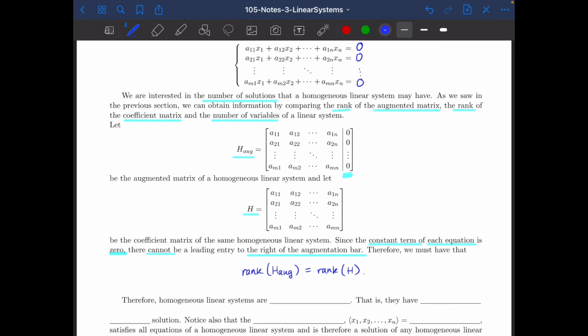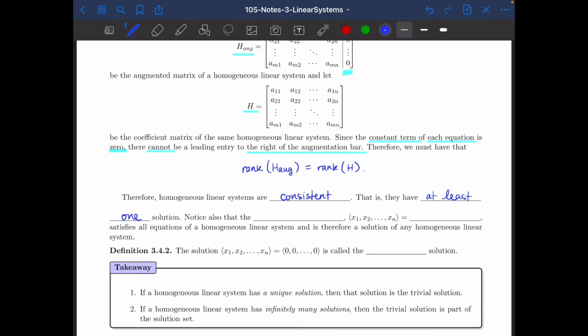There was no way for that not to be the case for a homogeneous linear system. Therefore, homogeneous linear systems are consistent. That is, they have at least one solution.